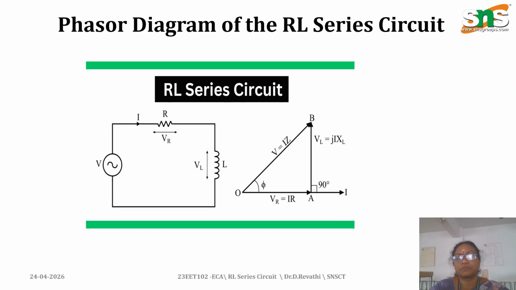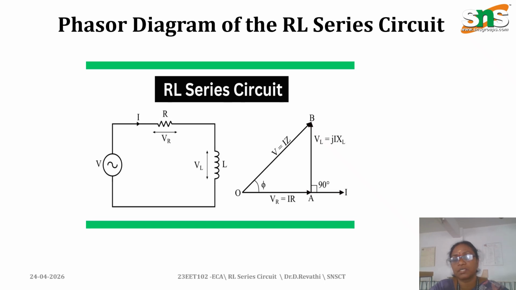If R and L are connected in series and we give the supply, normally we know that the current is the reference. For the resistance, the current and voltage are in phase, and the inductor voltage VL is 90 degrees, perpendicular to the current.